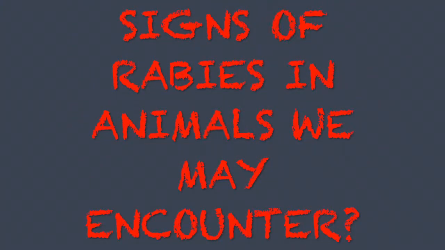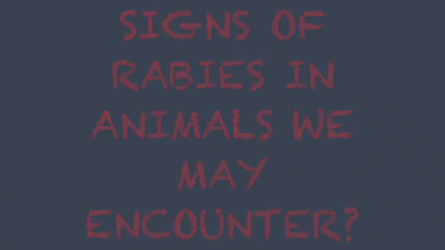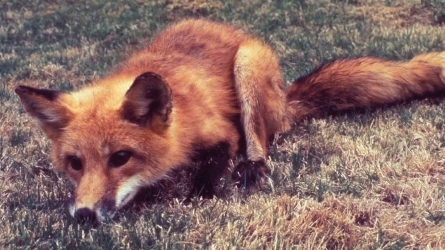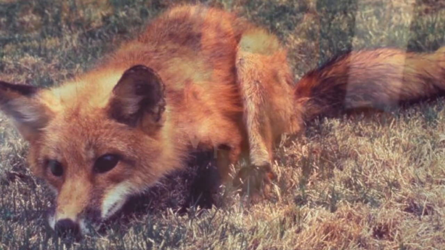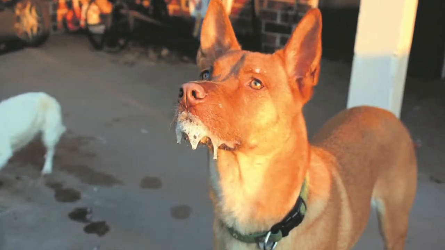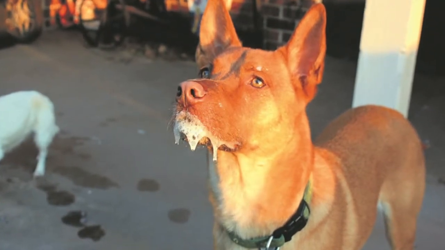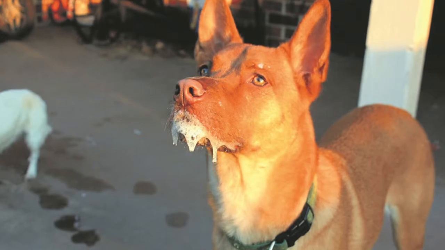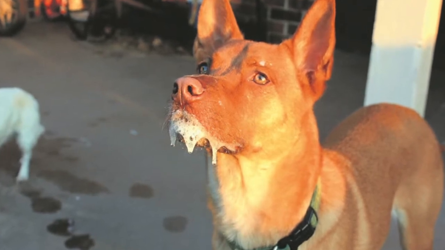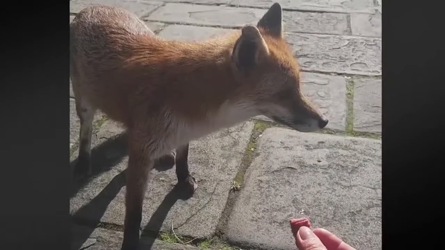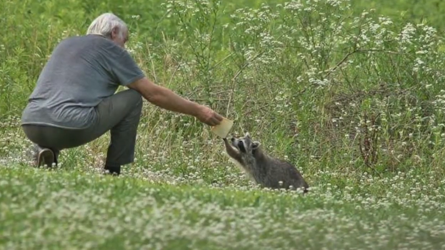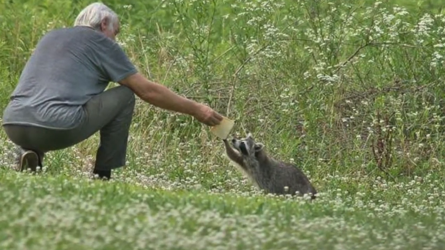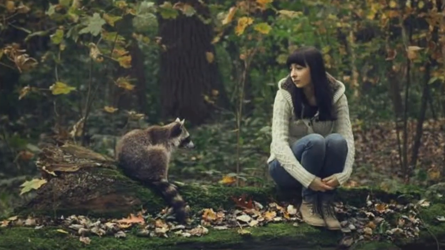So what signs do we look for in animals that we may encounter? A general sickness where the animal does not look good. Problems swallowing, drooling, increased saliva, so it looks like they are foaming at the mouth. A wild animal appears more tame than you would expect and allows you to get close enough to pet it.